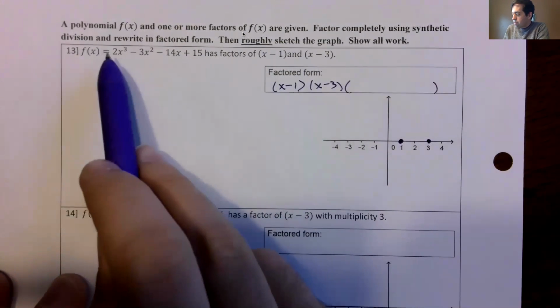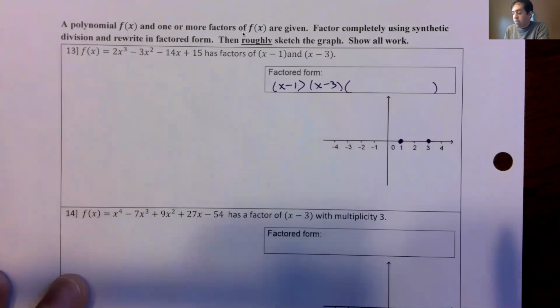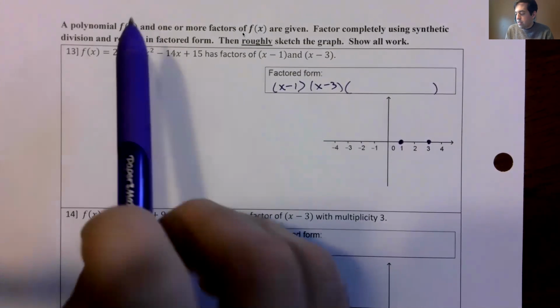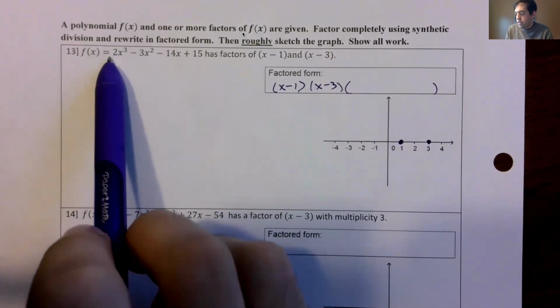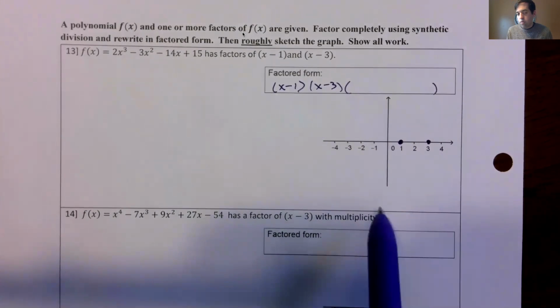Then, based off of the original and whatever's left over, we can maybe figure out a couple more things. Maybe you can think about end behavior, right? This is 2x cubed as the leading term. So what is that leading coefficient and that degree tell us about the end behavior of this graph? Feel free to check your work on a calculator.